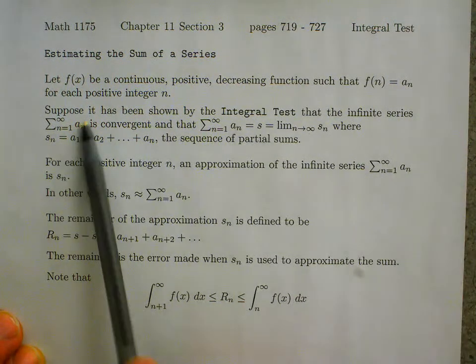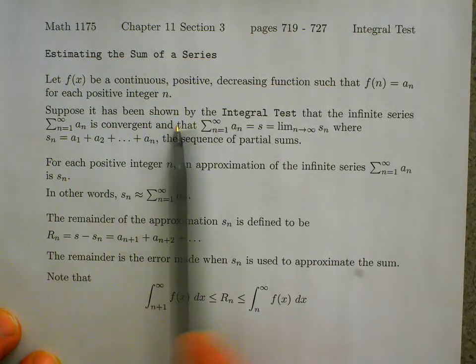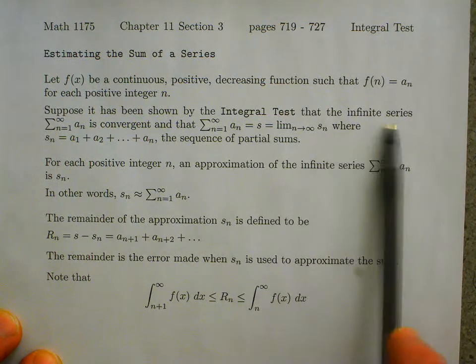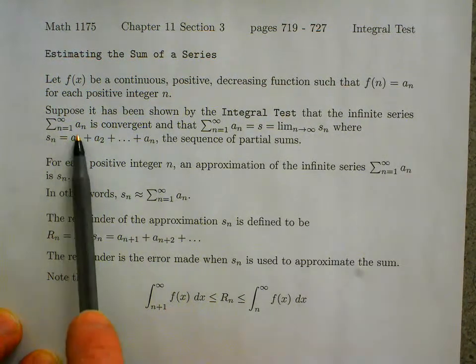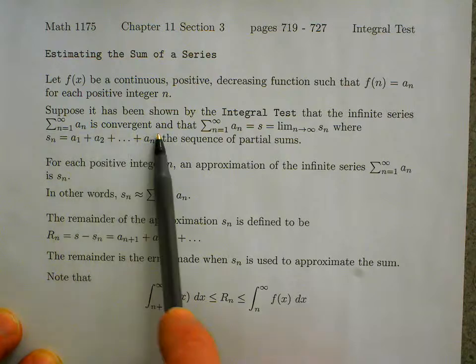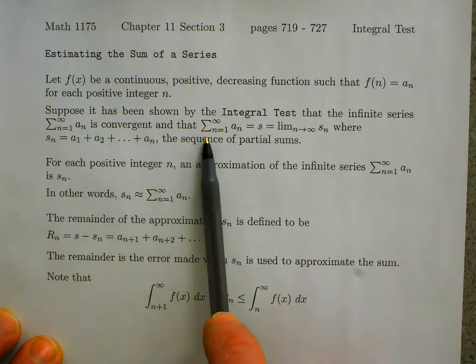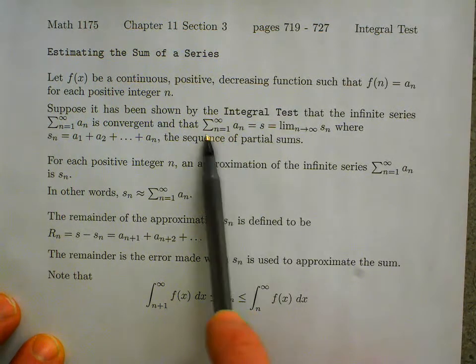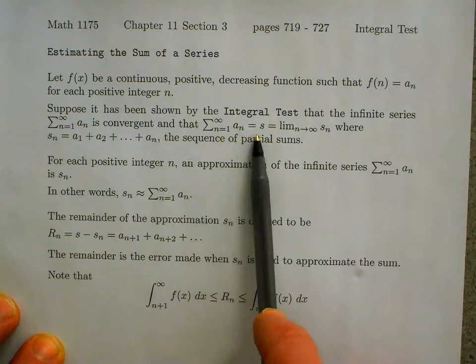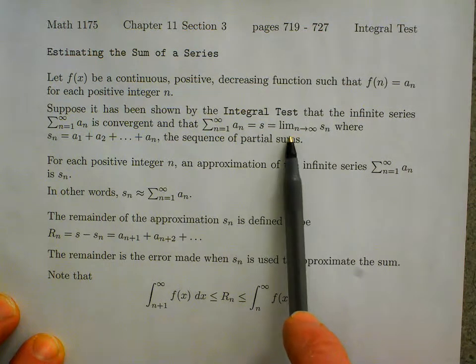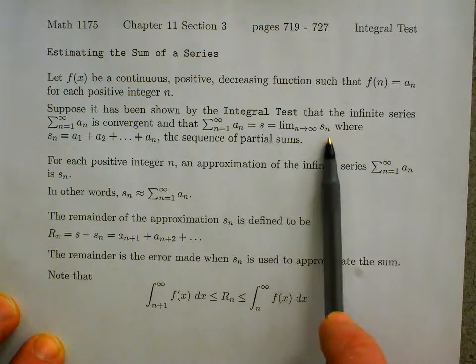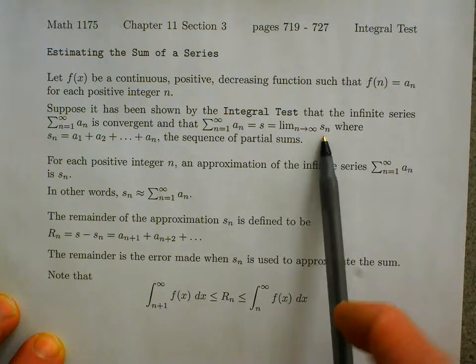And we'll suppose that it has been shown by the integral test that the infinite series of the a sub n terms is convergent, and that the infinite series is equal to s, which is equal to the limit of the sequence of partial sums s sub n.